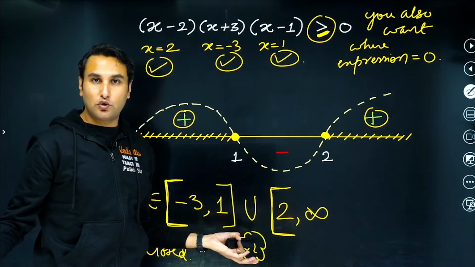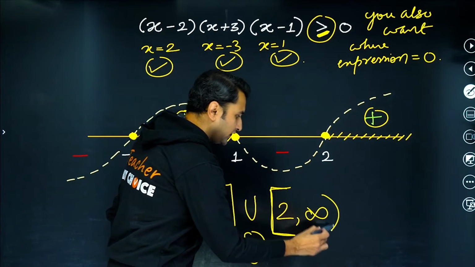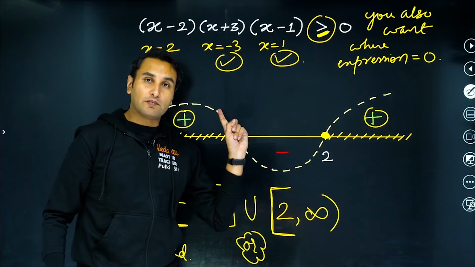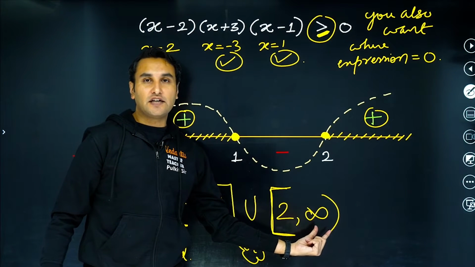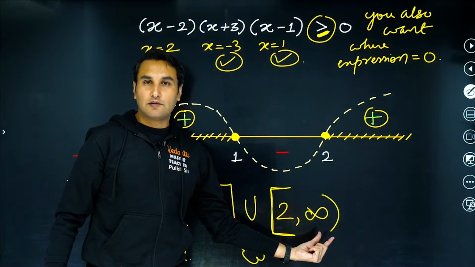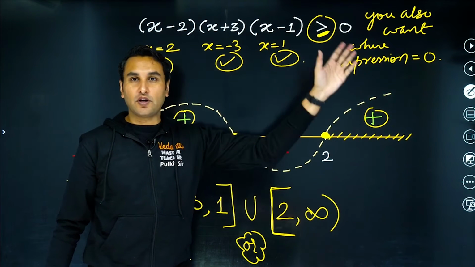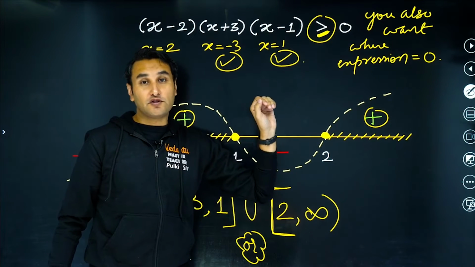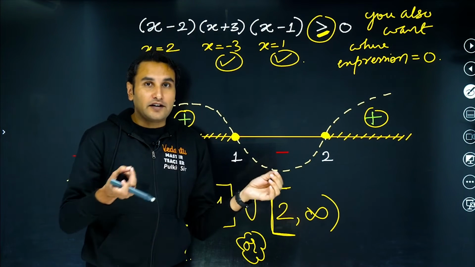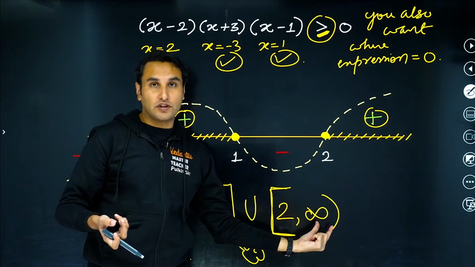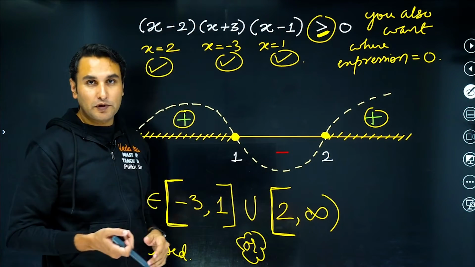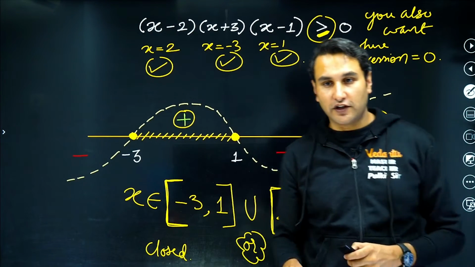I am happy with 2 as well. To infinity. Always remember, as I told in my previous class, infinity is always an open bracket, because you can never include infinity. Infinity is beyond our imagination, a number which you can never write. So you always put an open bracket at infinity or minus infinity.